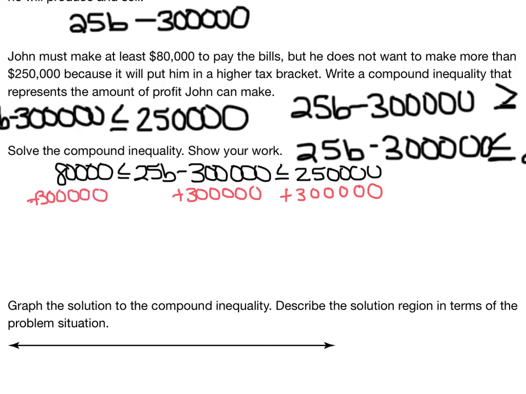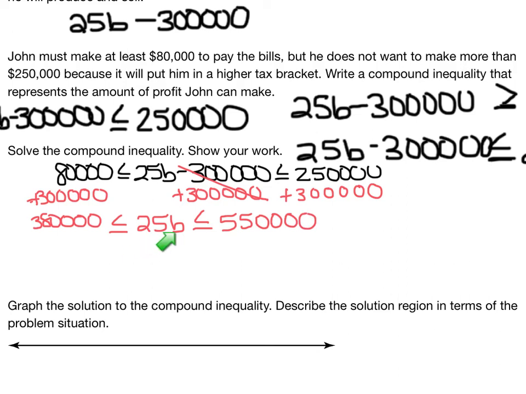When I do that, I get 380,000 on my left side, less than or equal to, and now these are removed, so I just have 25B, less than or equal to, and here this would be 550,000. So what's the last thing I need to do to get B by itself? Divide all parts by 25.